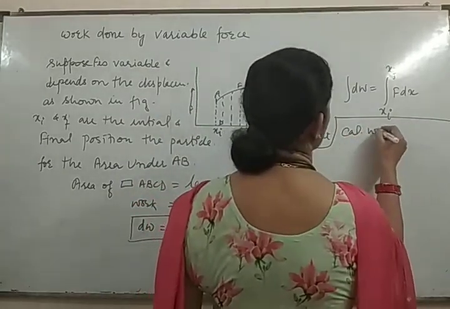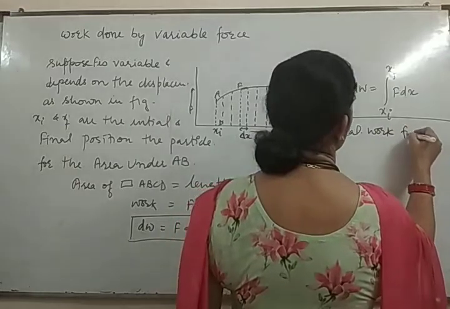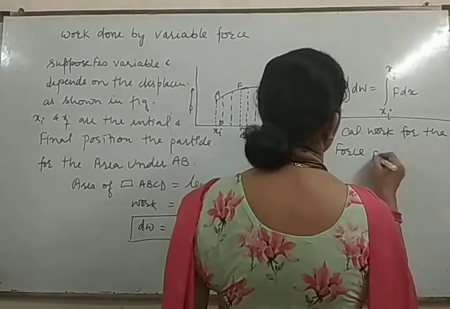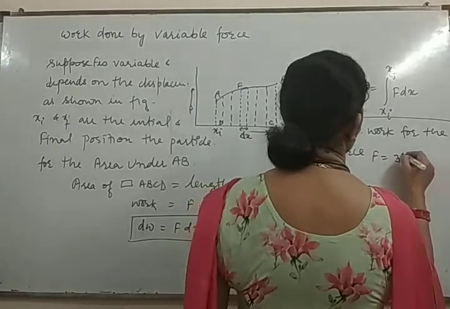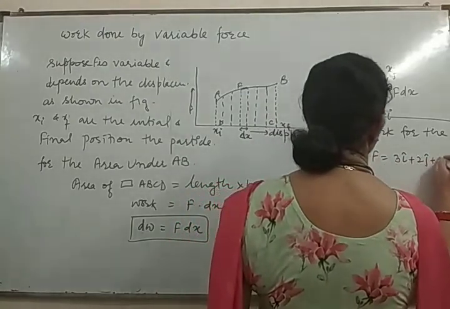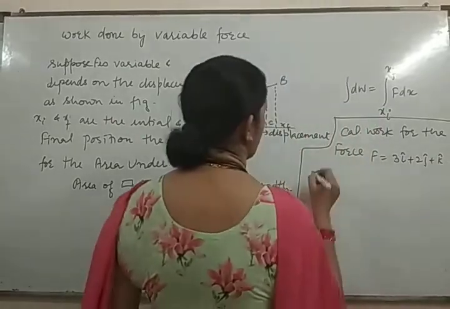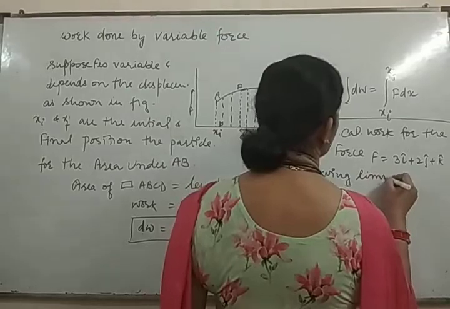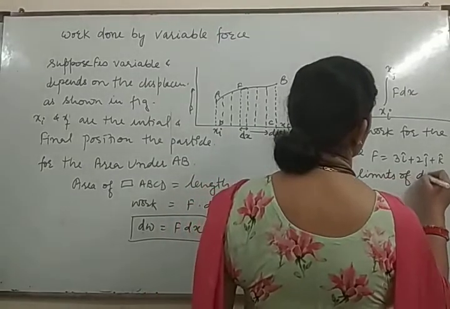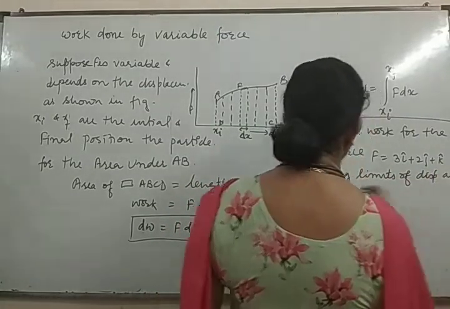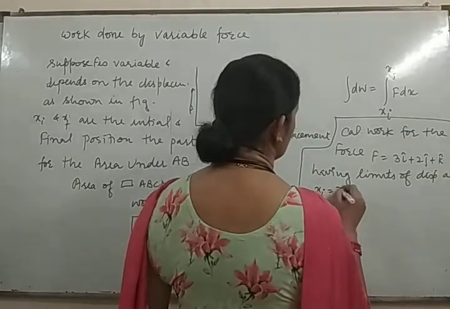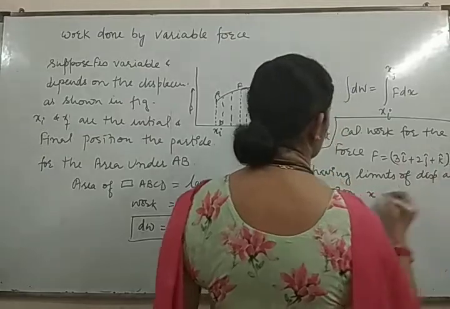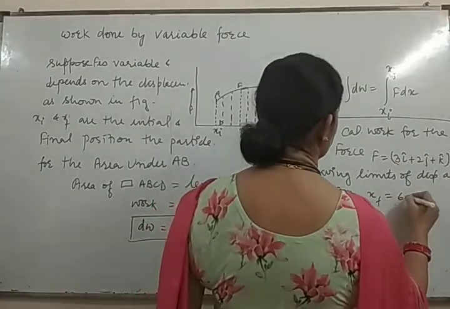Suppose you have to calculate the work for the force F is equal to 3i plus 2j plus k, having limits of displacement as xi is equal to 3 meter and xf is equal to 6 meter.